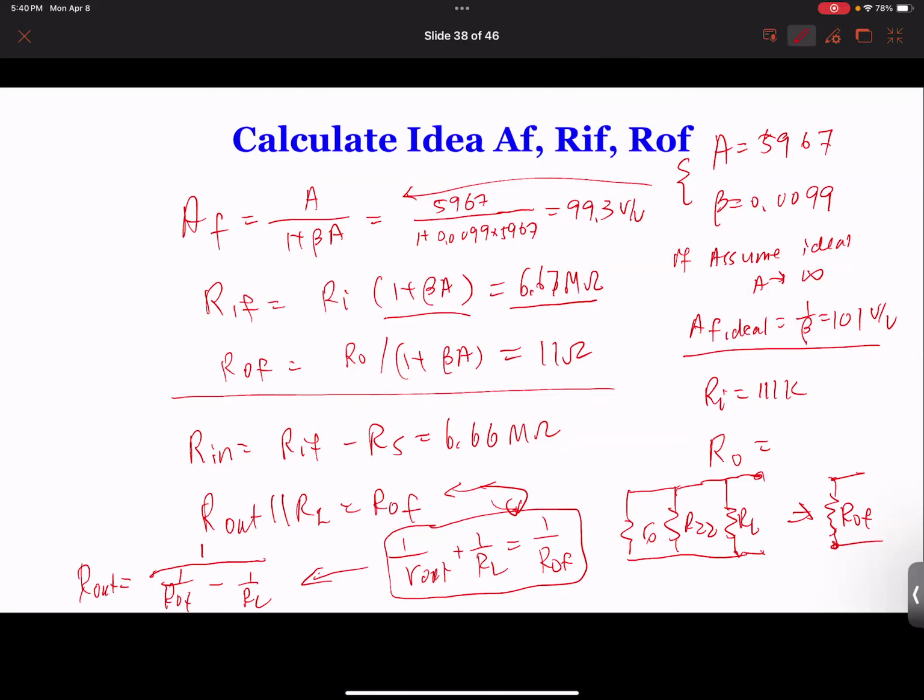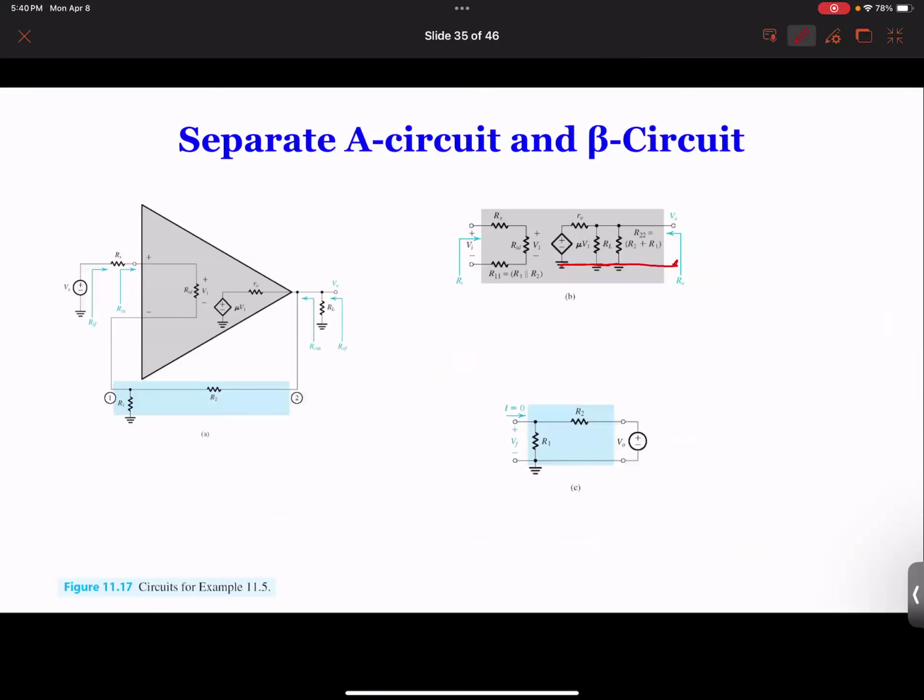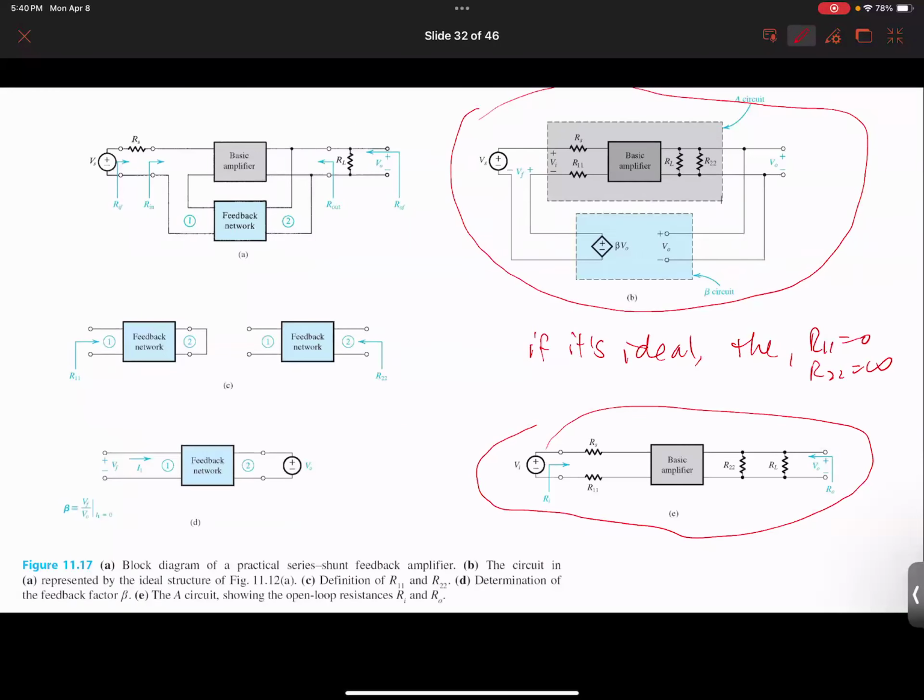So the process, let me review it so you guys get a better understanding here. The first step is to identify the feedback and the main amplification circuit. And from there, you separate the feedback network. From the feedback network, you calculate R11 by shorting the input side of the feedback network and opening the primary.